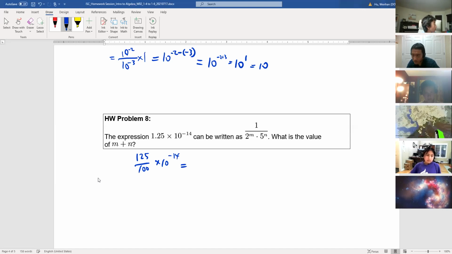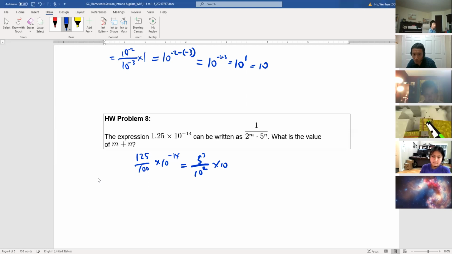And so 125 is 5 to the 3rd. And here 10 squared for 100, and 10 to the -14. And here is 10 squared in the denominator.